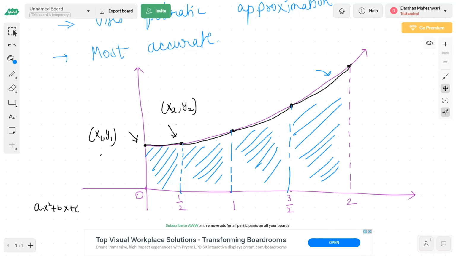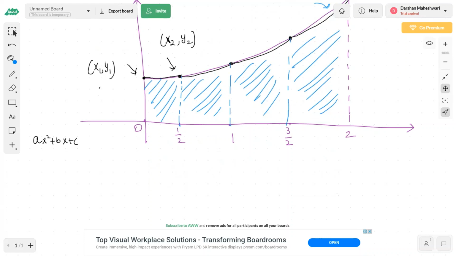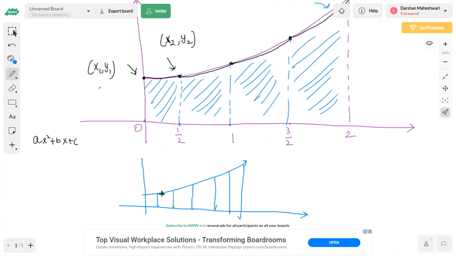And this also clears up the fact that if we make the rectangles very near, for example, I make 1, 2, 3, 4, 5, 6 rectangles. So obviously this means that these points are very close.